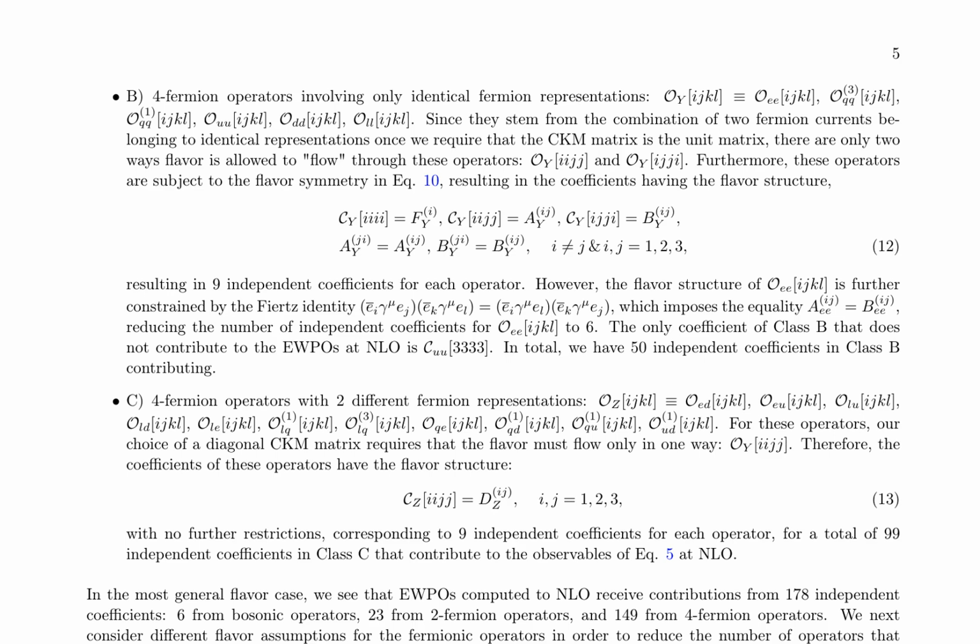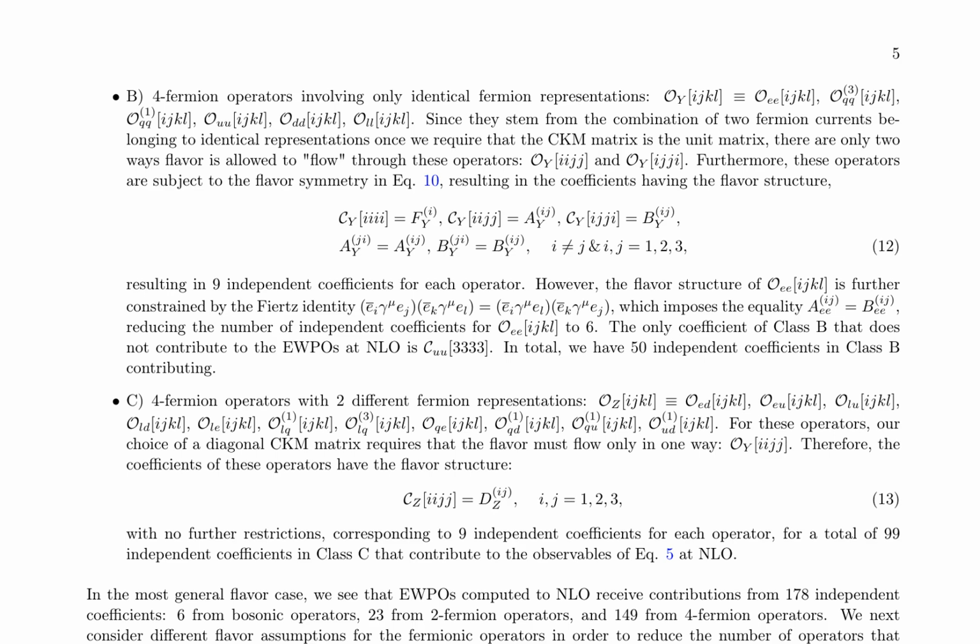The coefficients of these operators have specific flavor structures, constrained by the requirement that the Cabibbo-Kobayashi-Maskawa, CKM, matrix is the unit matrix. The authors derive the flavor structures for each class, resulting in 9 independent coefficients for each operator in Class B and 11 independent coefficients for each operator in Class C.